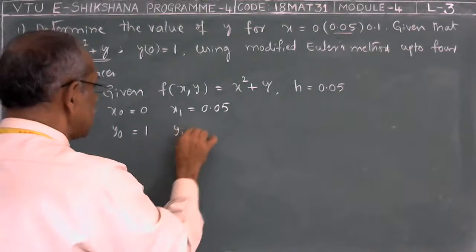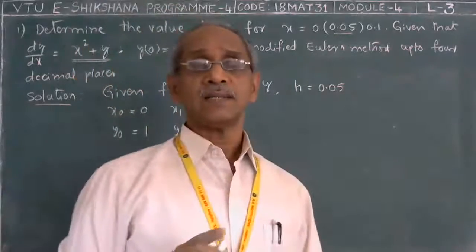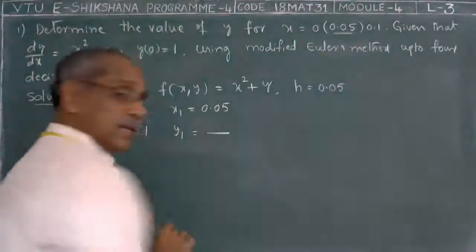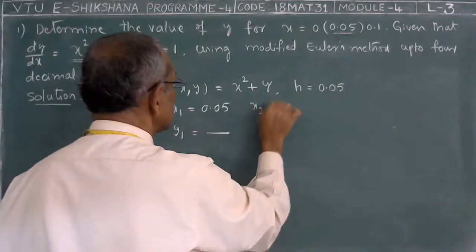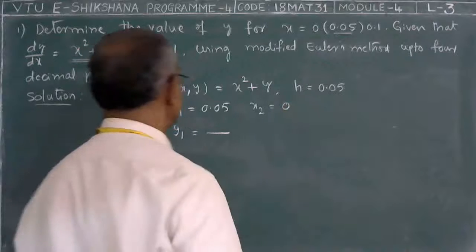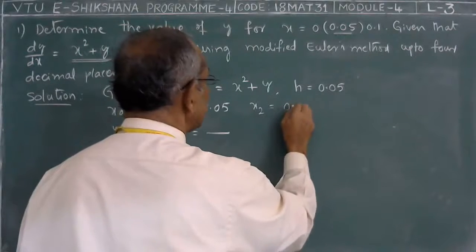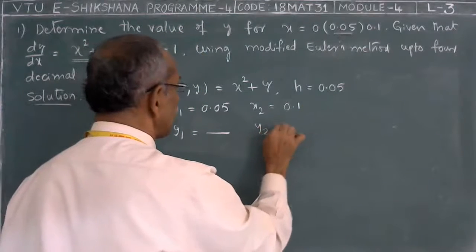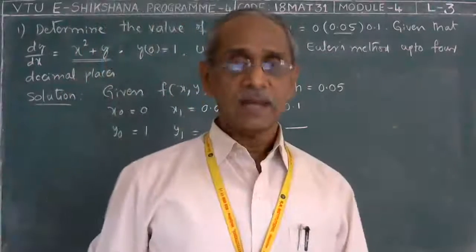And the corresponding value you have to obtain using modified Euler's method. Then till you get 0.1, keep adding 0.05 to the previous value of x. So x2 is 0.05 plus 0.05 is 0.1. And the corresponding value of y2 we need to calculate again using modified Euler's method.